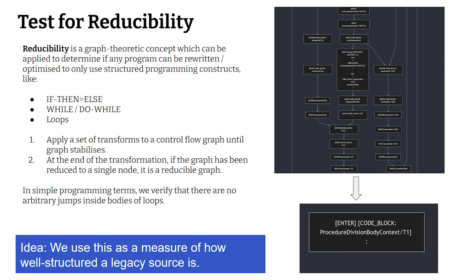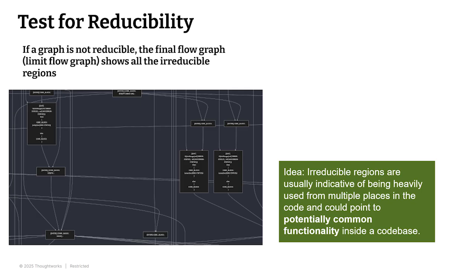Another point to know about reducibility is that after performing your reducibility, if you get down to a region which is not reducible, it means that there are multiple edges coming into it, which means that there are multiple pieces of code calling that specific piece of code, which is also a strong indicator that it might be a very shared piece of code, which would be good for refactoring.